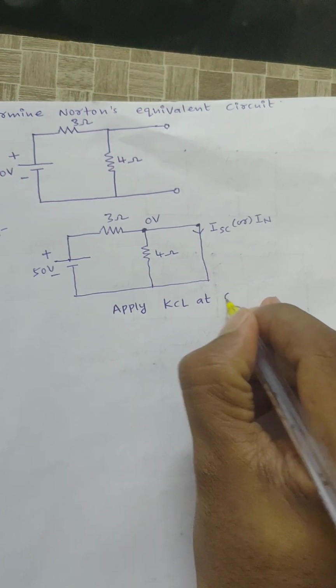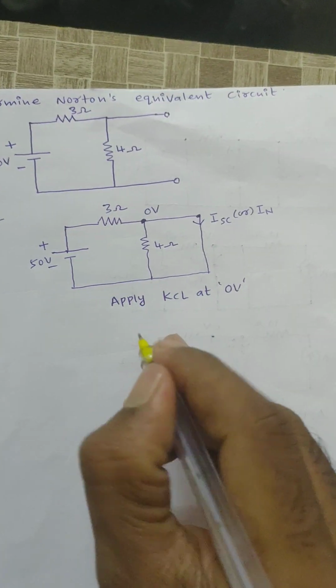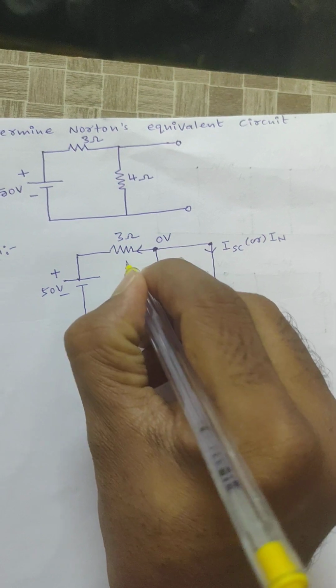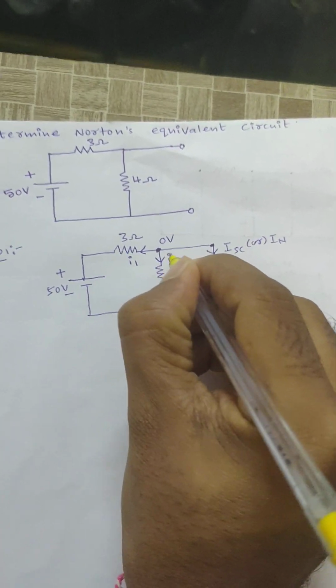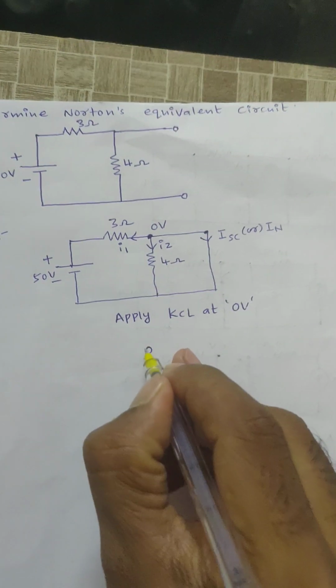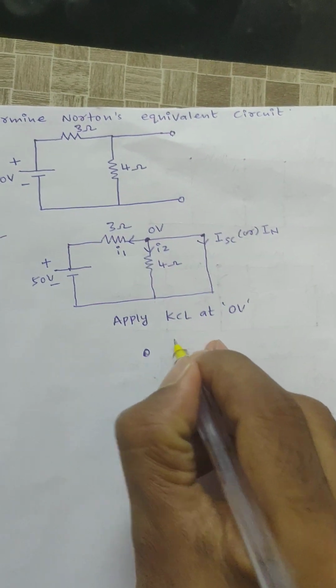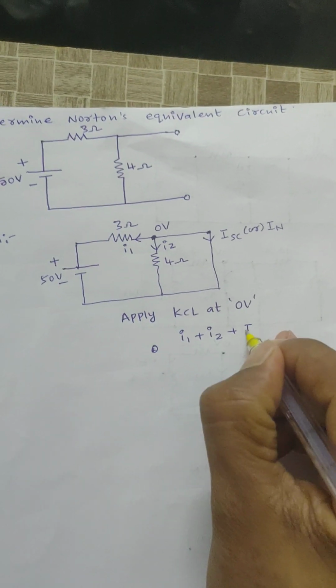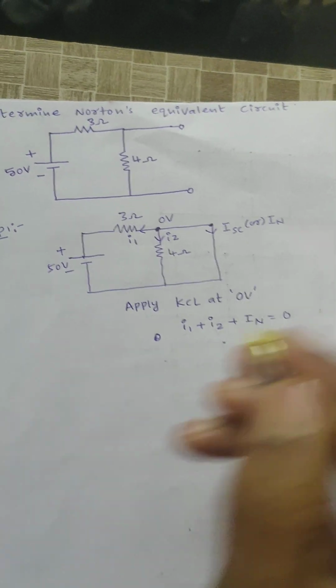Apply KCL at 0 volts, right? At this 0 volts point, assume the currents will be I1, I2, and ISC is already there, right? Apply KCL at that junction, you will get I1 plus I2 plus IN is equal to 0. All are outgoing currents, right?